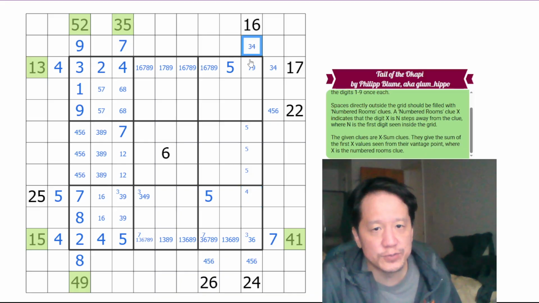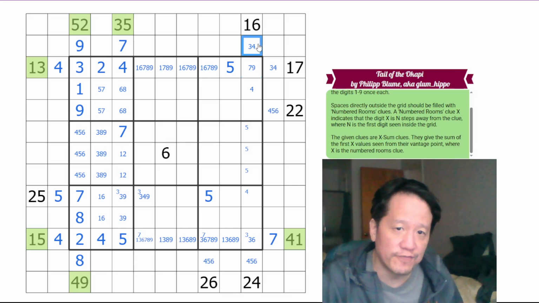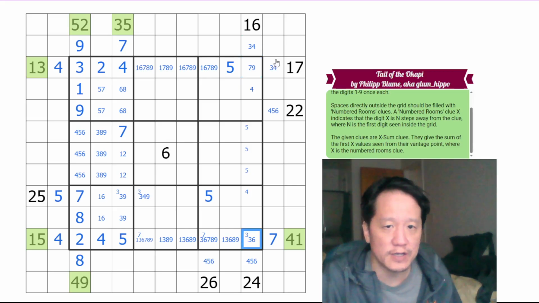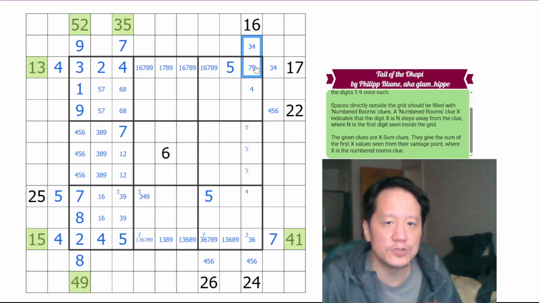So if this is 3, this is guaranteed to be 9. And 4 would have to be there. So because 3, 9 adds up to 12, plus 4 add up to 16. So then this would be 4. If this is 4, it cannot be in this spot. It has to be in the 7th spot. 4 and 7 add up to 11.